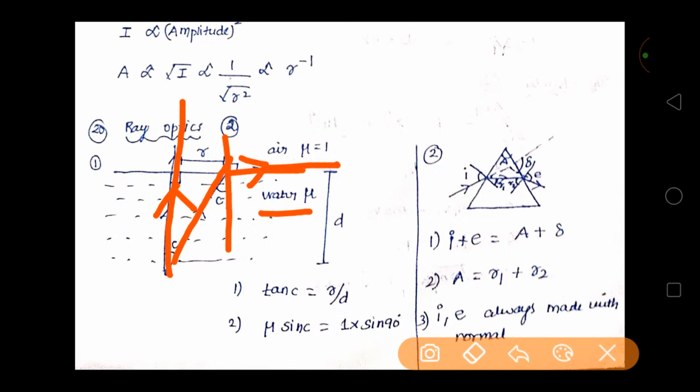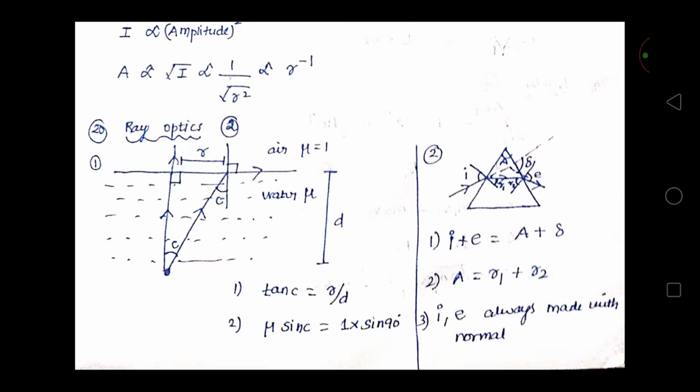So at angle C only it grazes over the surface. The C is called the critical angle, and the angle of refraction is 90 degree. If this is C, alternate interior angles are equal, so this also should be C.